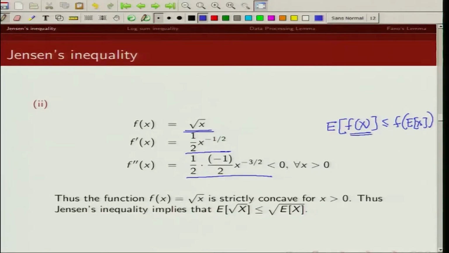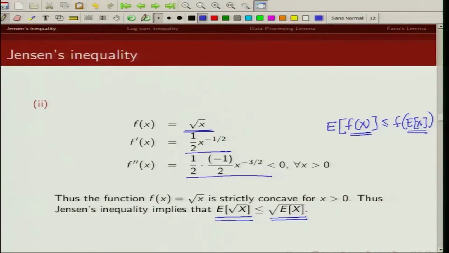So what is the function here? The function here is square root of x. So the expected value of square root of x will be less than or equal to the square root of the expected value of x.